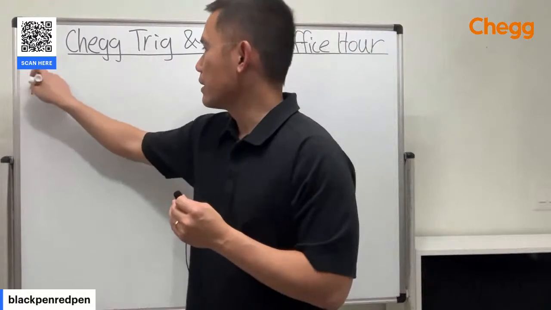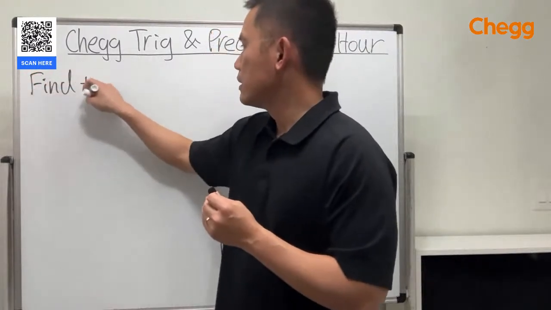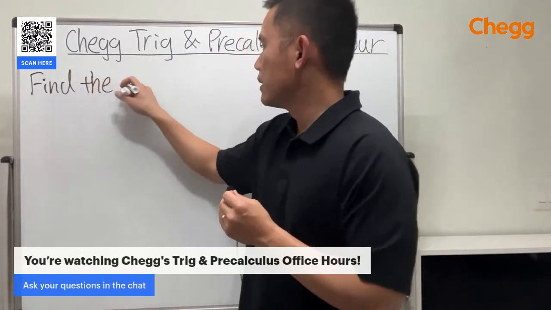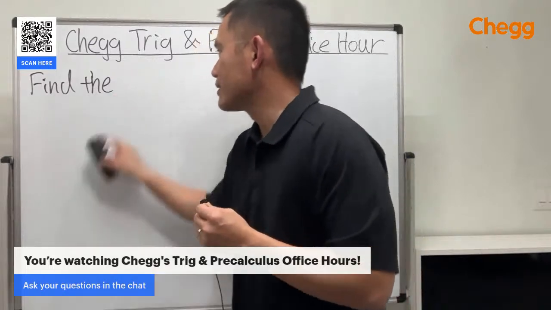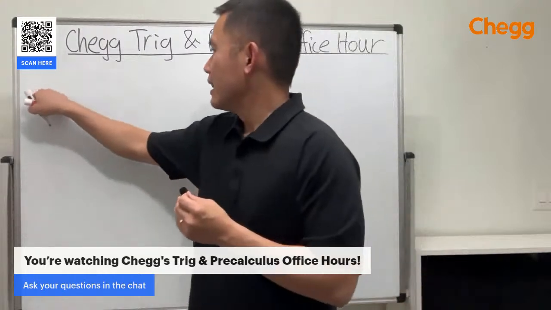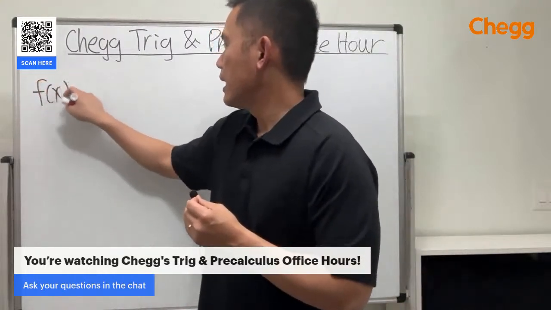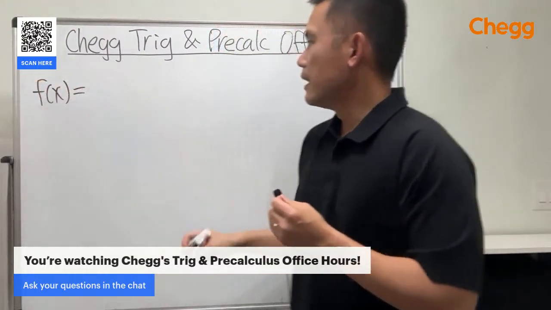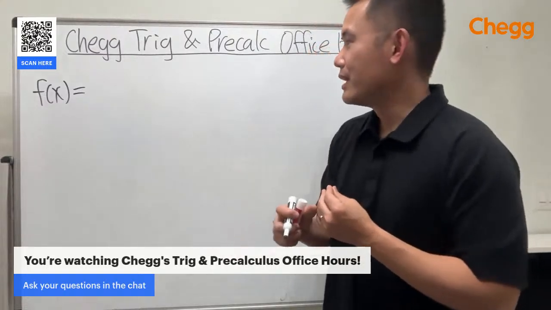Let's do another one. Let's just go ahead and find the domain. Let me just write down the function so that it's less for me to write. Let's say f of x. Let's do this one.